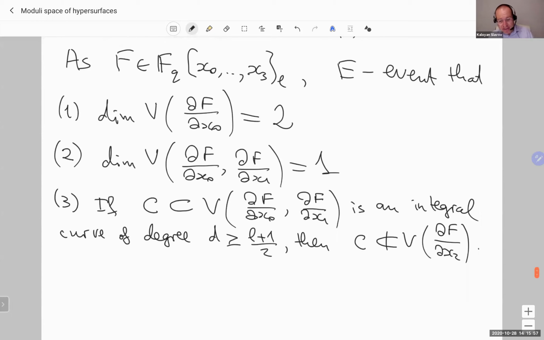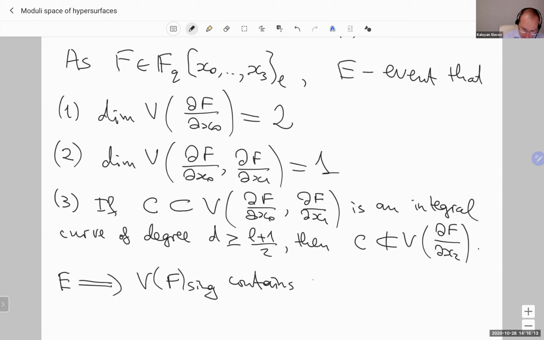Now, whenever this event E takes place, then V of F singular locus contains no integral curve of degree D greater than or equal to L plus 1 over 2.